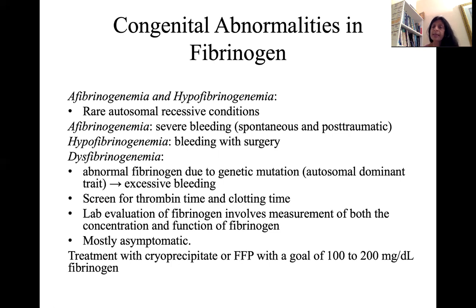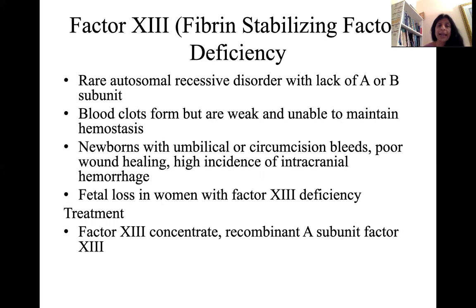Okay, in these patients, to correct the situation, you would use either cryoprecipitate or fresh frozen plasma, and you need the amount to be normal, about 100 to 200 milligrams per deciliter of fibrinogen.